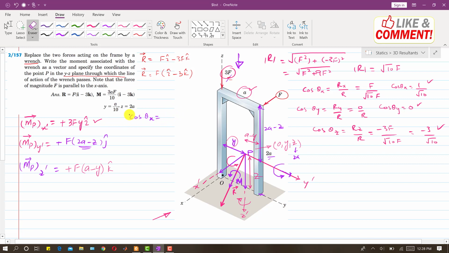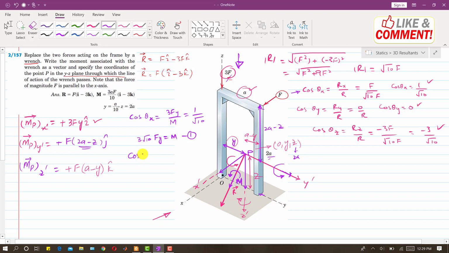Let's say this magnitude is 3Fy, and the magnitude of the moment associated with this wrench is M. So this is 3Fy divided by M, and if we compare it with the resultant, since both will have the same direction cosine, this is equal to 1 by root 10. So this will give us one equation. If we take the cross product, let's say this is equation 1.